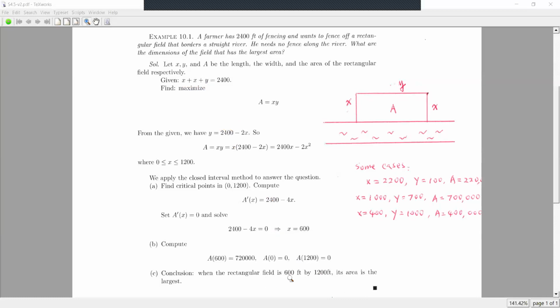So when the field is 600 by 1200, its area is the largest. In this example, we apply the closed interval method because the interval is a closed interval. Now, in the following two examples, we need to apply the open interval method to answer questions.